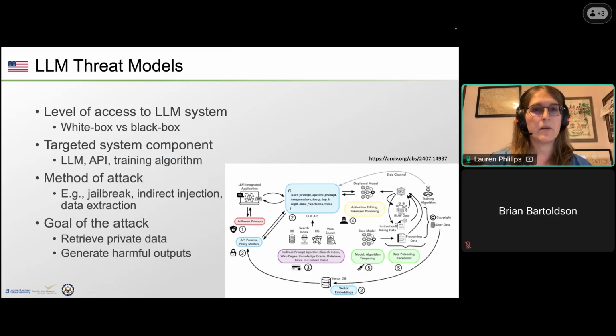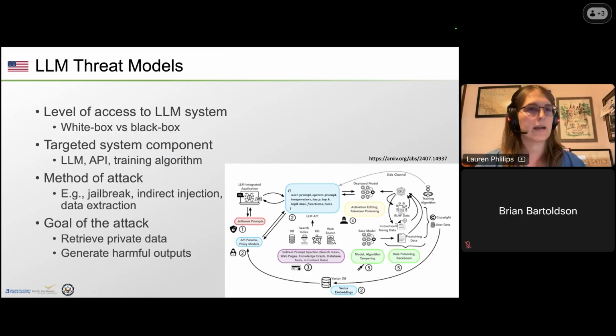We can think about the threat model in terms of how much access an attacker has. You can think about which specific component of the system is being targeted. Is it the LLM itself? Is it a data ingestion system? Is it the training algorithm? You can attack in different ways, with a prompting attack, a jailbreak, or indirect injection.